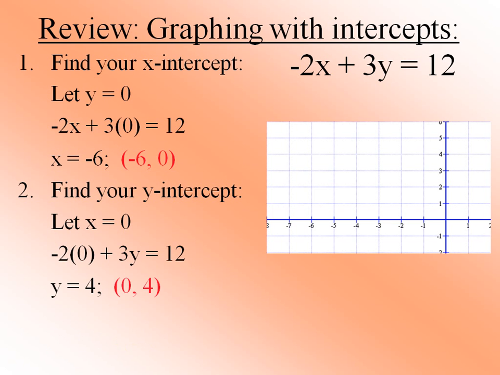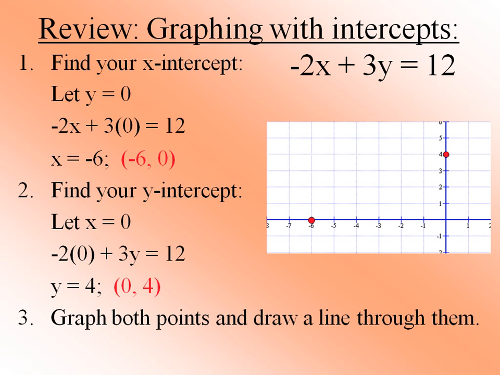So your y-intercept is (0, 4). These 2 points are your intercepts. Because you only need 2 points to graph a line, you can just plot those 2 points and draw a line. Voila, you're done.